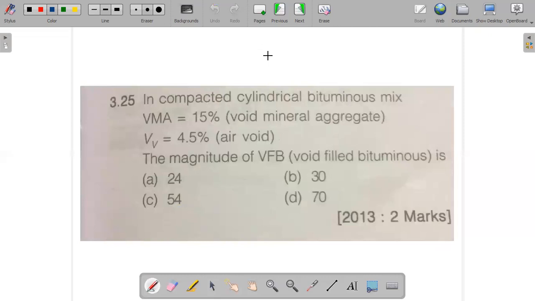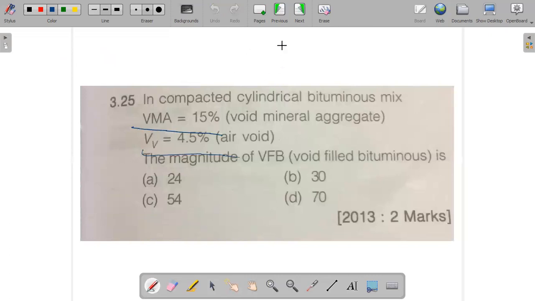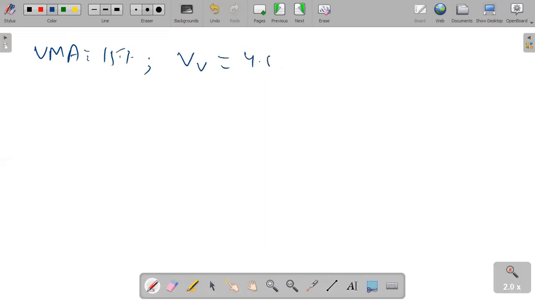Let's move forward to our next question, which is asked in GATE 2013 of 2 marks. In a compacted cylinder bituminous mix, VMA is 15% and VV is 4.5%. The magnitude of VFB is? We have VMA of 15%, we have VV of 4.5%, and we need to calculate VFB, which is equal to VB percent upon VMA percent.